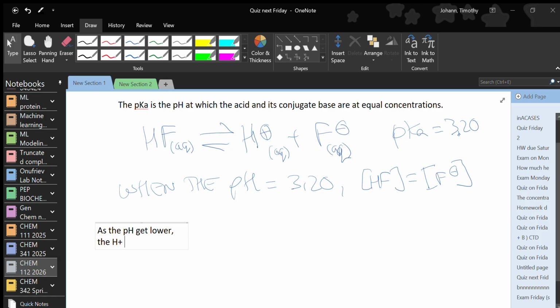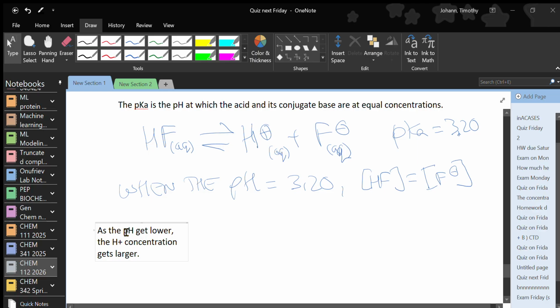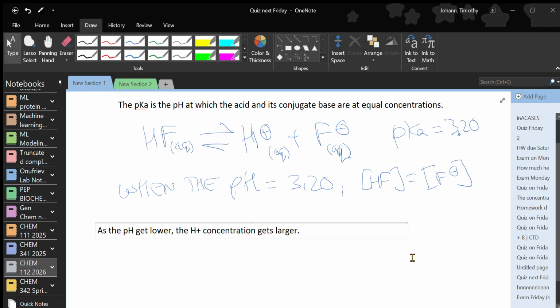Does it get higher or lower? It gets larger. That's confusing because they're moving opposite ways. We've got something that's talking about the H plus concentration, but when the pH goes down, the H plus concentration goes up. Low pH is a lot of acid. That's something you're just going to need to get used to. It does drop out of the math of taking the negative log.